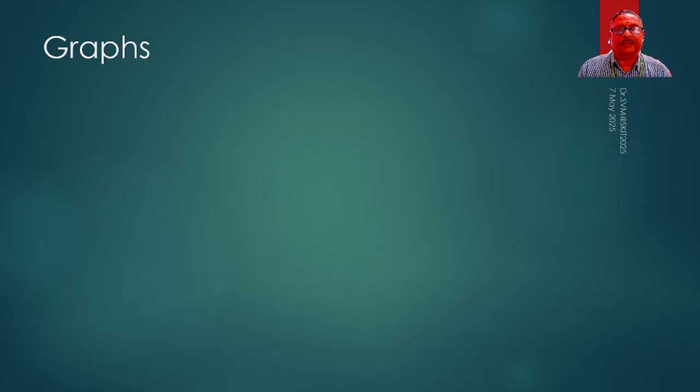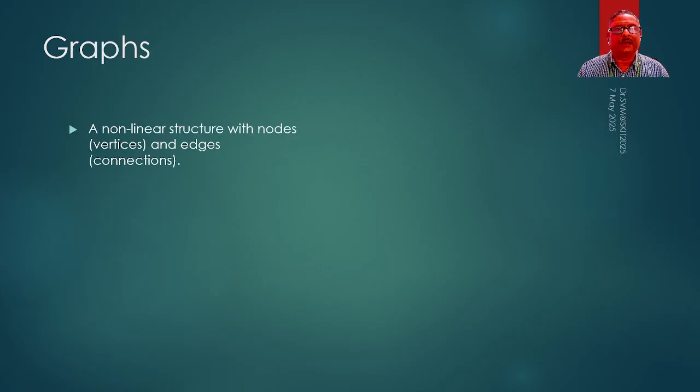Yeah, then we have another important data structure which we call a graph, which is a non-linear structure with nodes and edges. The difference between tree and graph is that a graph can contain loops, but a tree cannot contain a loop.